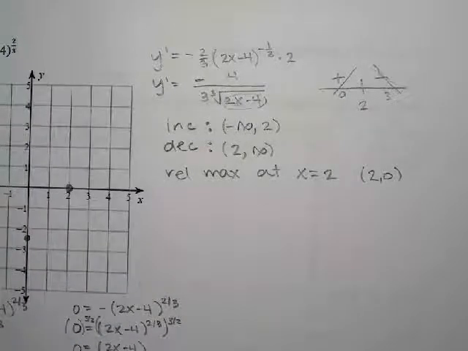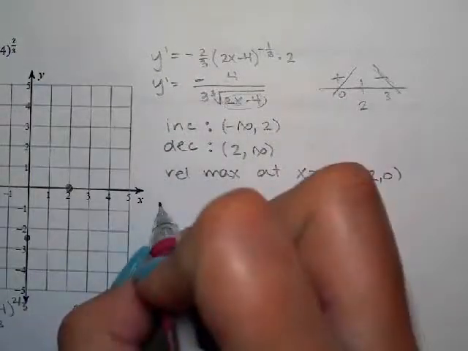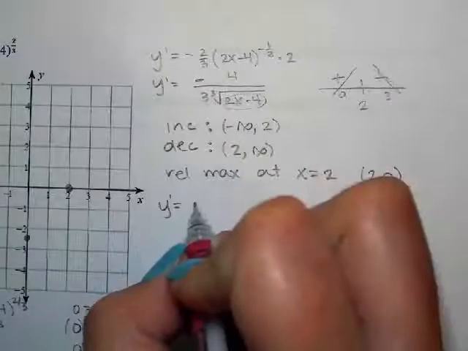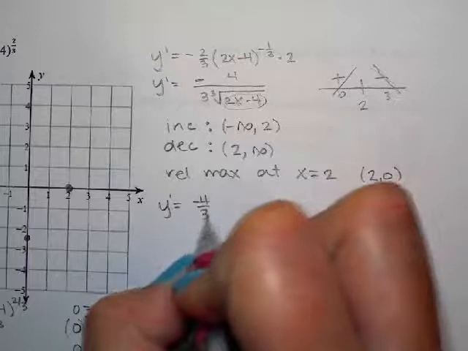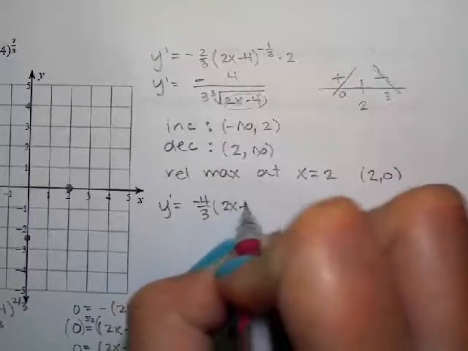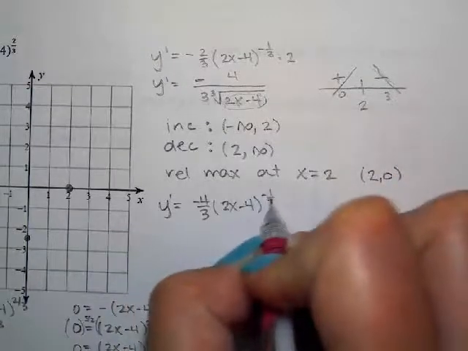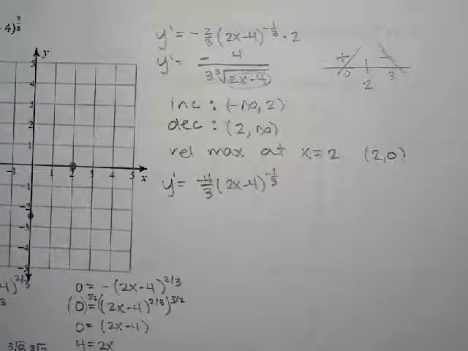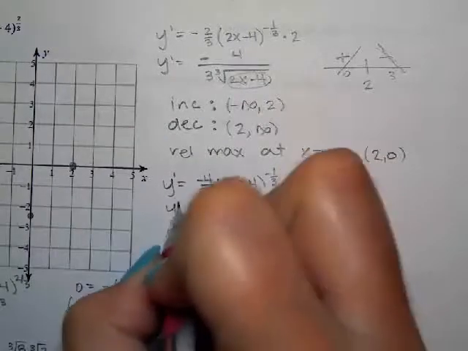Second derivative. So I'm going to start with the first derivative being negative 4/3 times (2x minus 4) to the negative 1/3. I'm going to use that version of the first derivative because that's going to be the easiest version for me to work with. And I'll go ahead and find my second derivative.